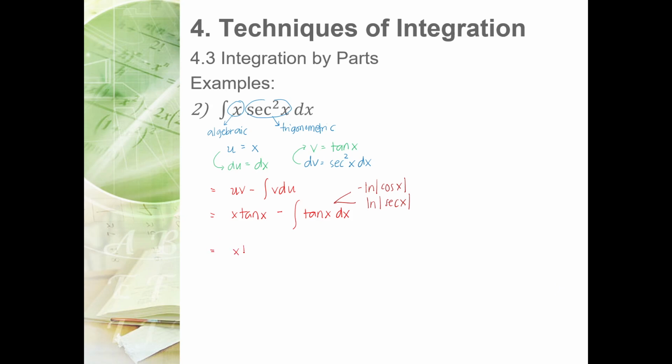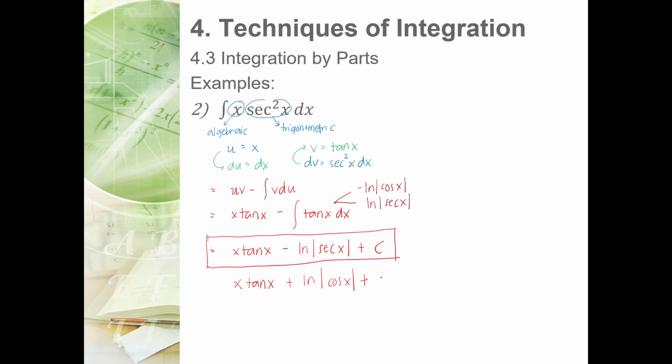So the final answer is x tangent x. If you want it to be positive, then automatically it becomes negative ln secant x plus c. Okay, so if it's plus, it becomes x tangent x, then plus ln cosine x plus c.